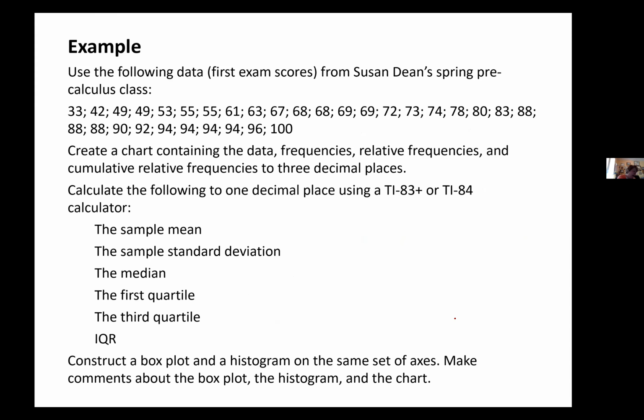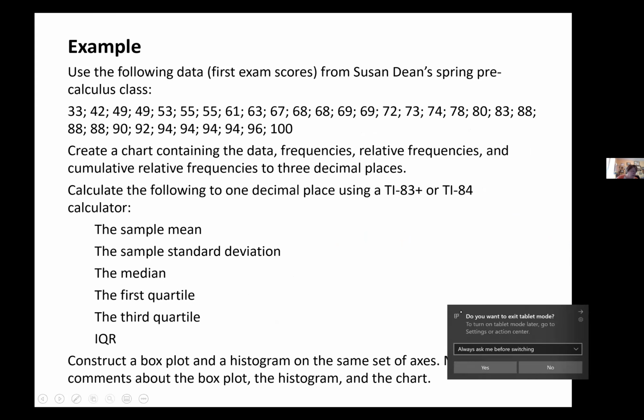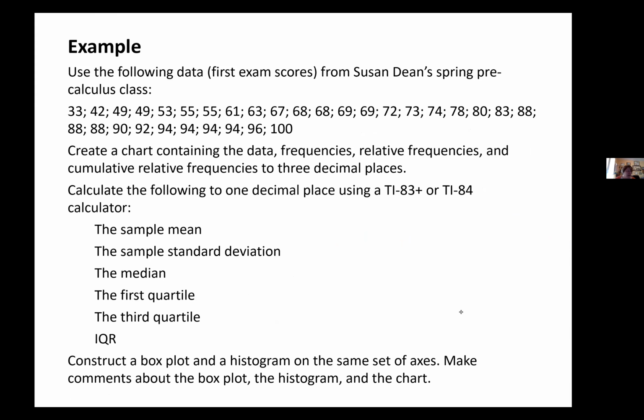Okay, so now we're going to actually calculate this. So I'm going to give you a minute if you want to put that data in your calculator. This is first exam scores from a spring pre-calculus class.